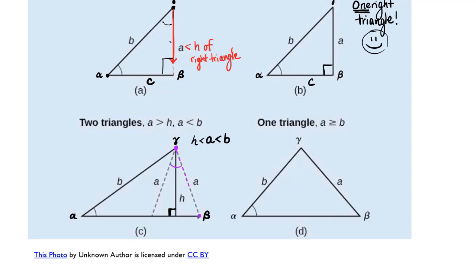It bumps here, and then it swings through, and then it sticks here as well. It bumps this side C opposite the angle gamma.